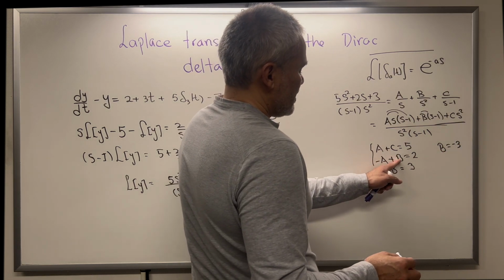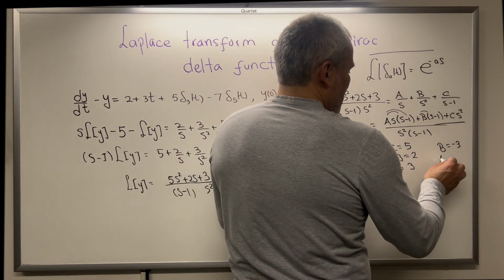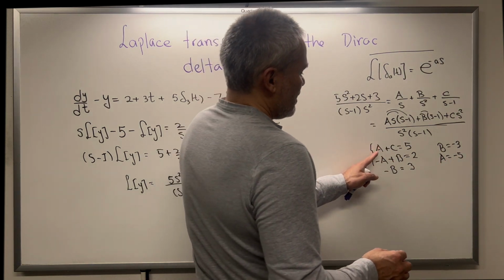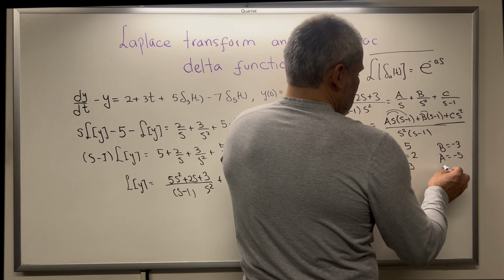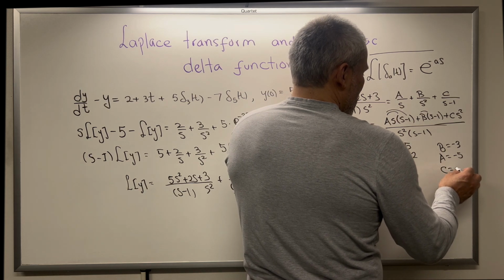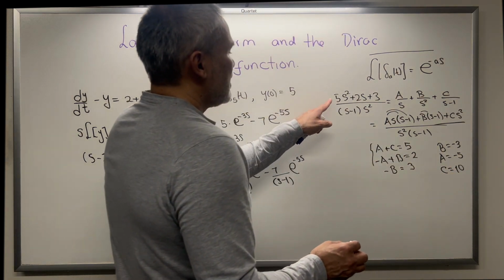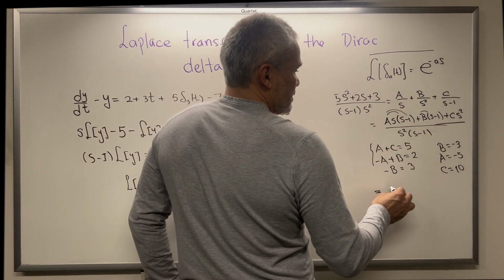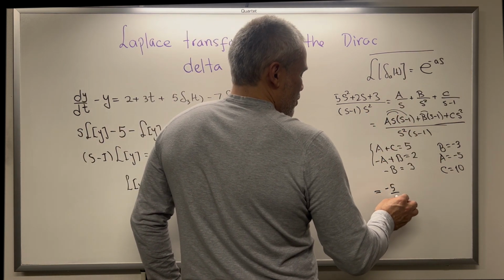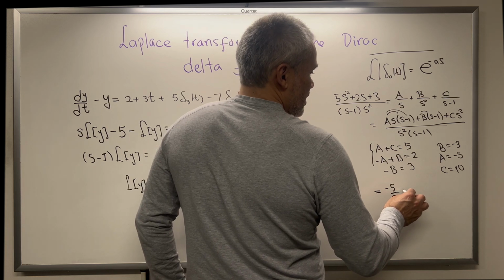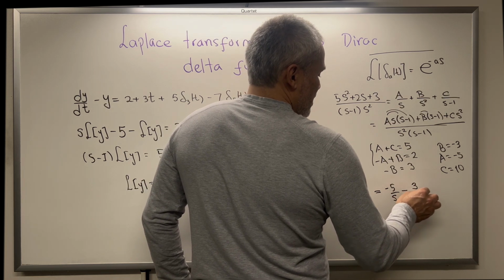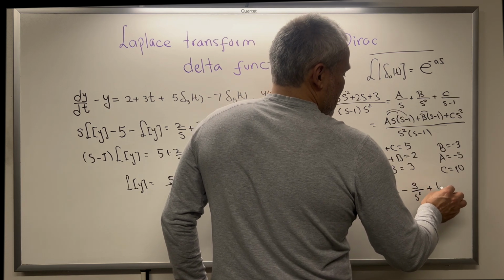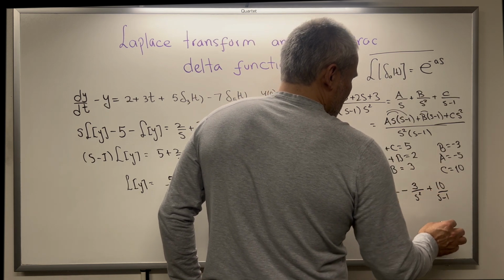If b is negative 3, a should be negative 5, and if a is negative 5, c should be 10. That means that this expression is just negative 5 over s minus 3 over s squared plus 10 over s minus 1.